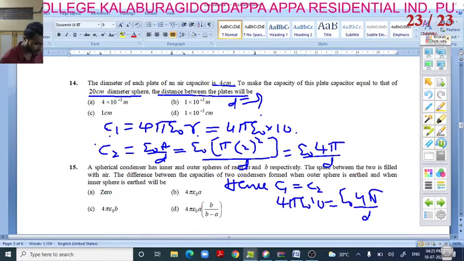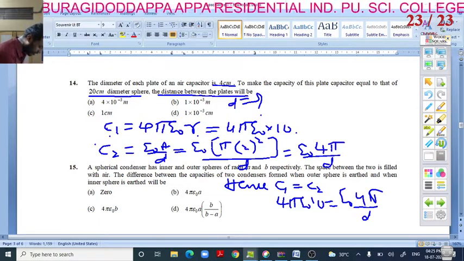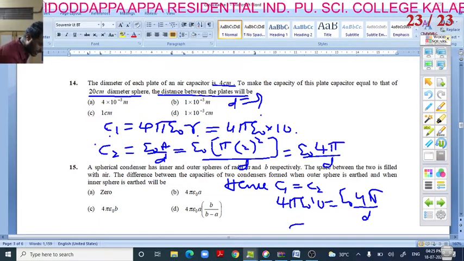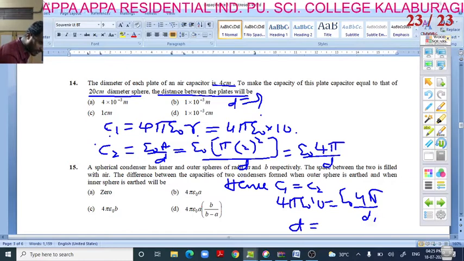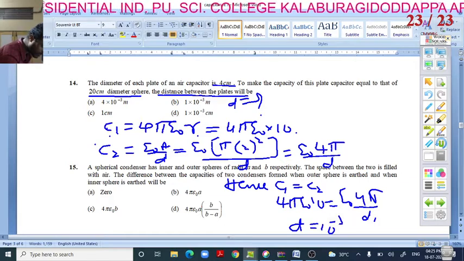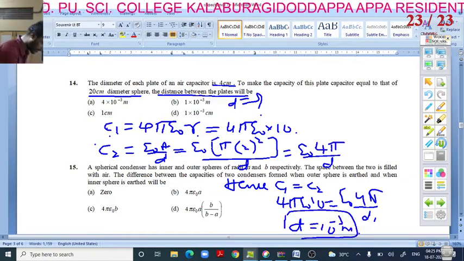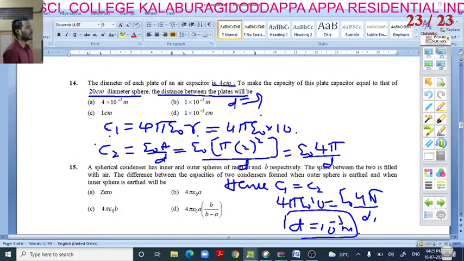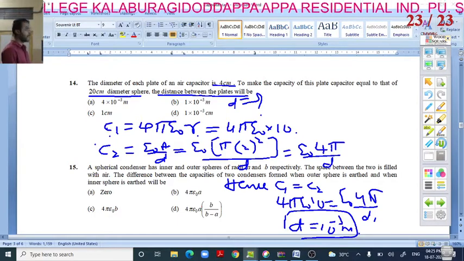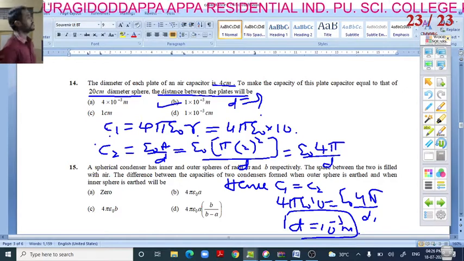Finally, by simplifying, d is equal to 10 to the power minus 3 meter you will get. So our option is the second option.